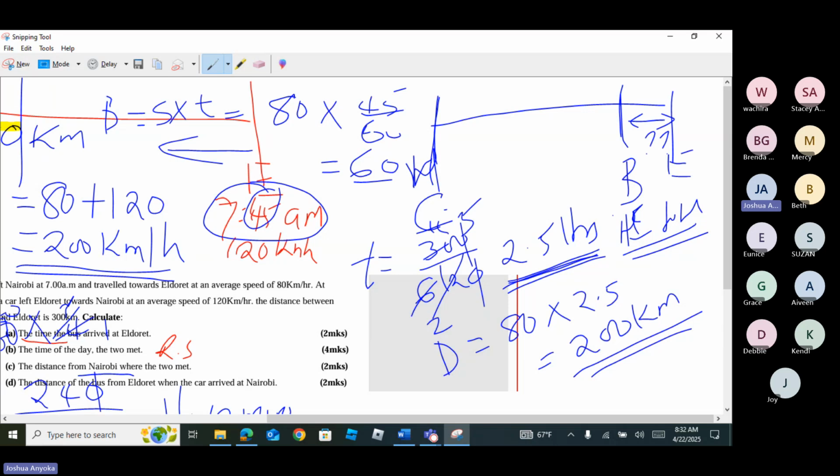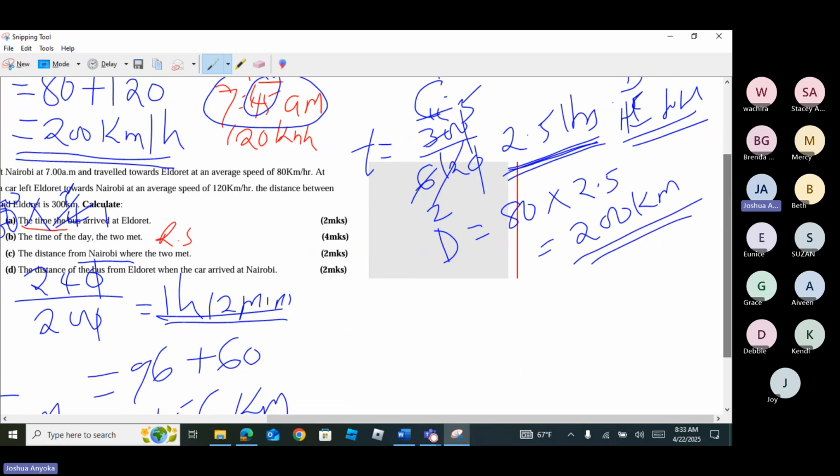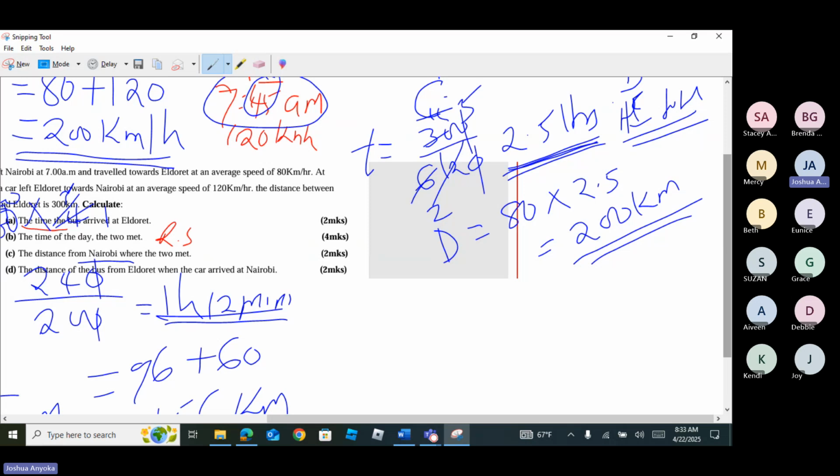The bus will cover 200 kilometers in 2.5 hours. So we started by getting the time taken for the car to move from Eldoret to Nairobi. It is 2.5 hours. In 2.5 hours, the bus will cover which distance? It will cover a distance of 200.